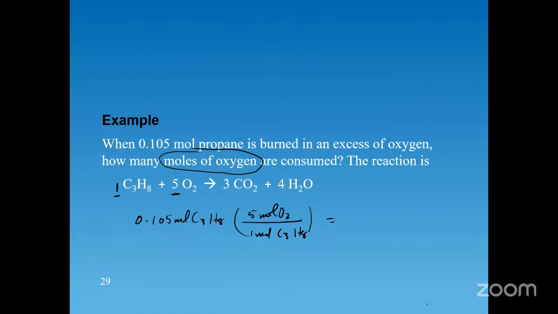So according to my calculation, this works out to be equal to 0.525 moles of O2. So this is a pretty simple example of the importance of having a balanced equation and then doing your stoichiometric calculation based on that balanced equation.